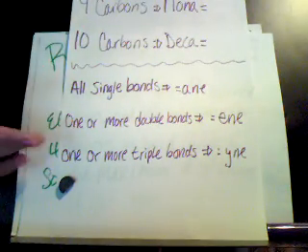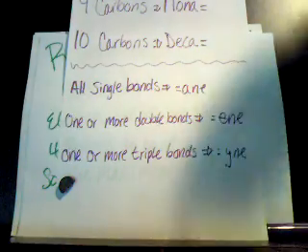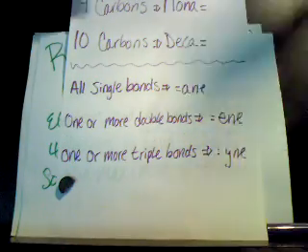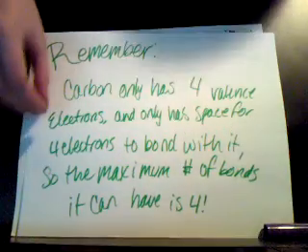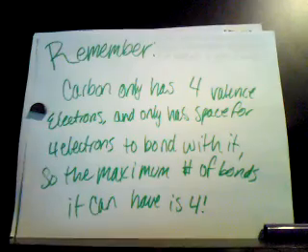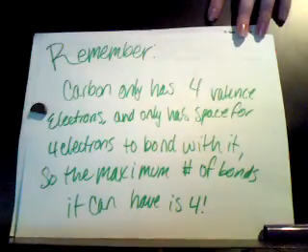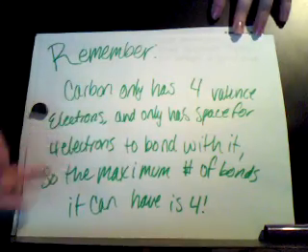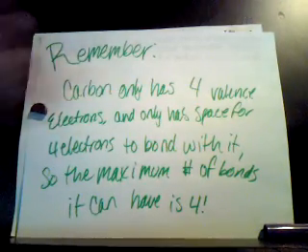And when the element is sharing 3 electrons with the other element, then the ending is yne. Remember that. It'll come in handy later. Remember that carbon only has 4 valence electrons and only has space for 4 electrons to bond with. So the maximum number of bonds it can have is 4.